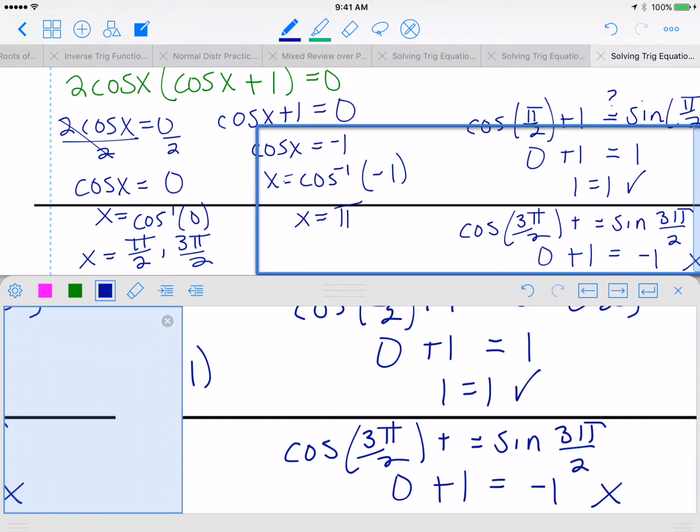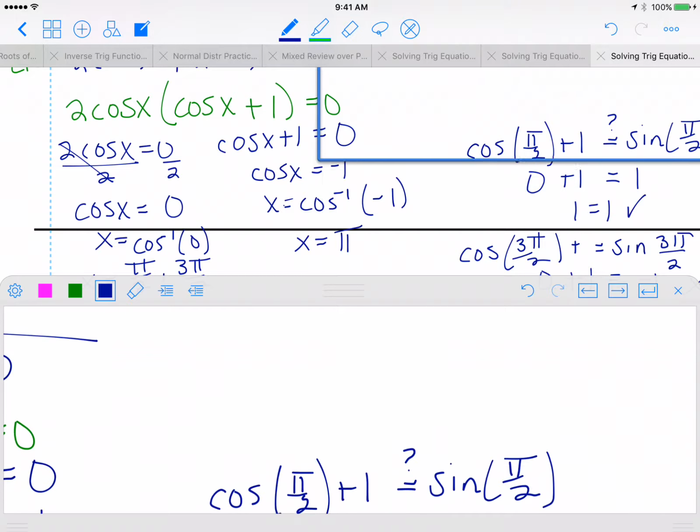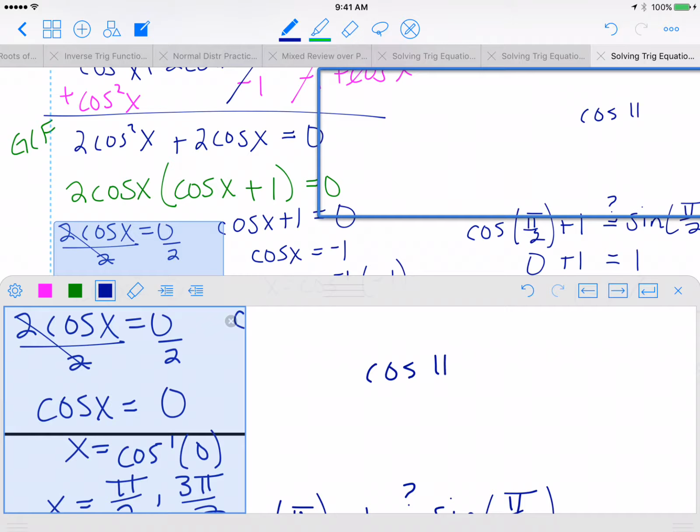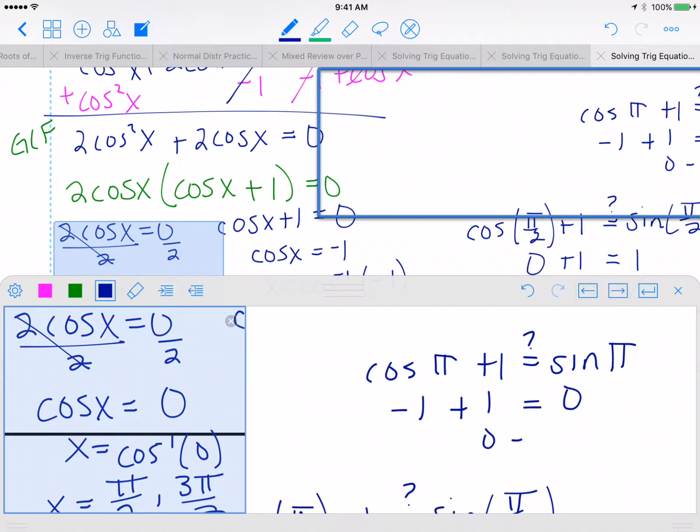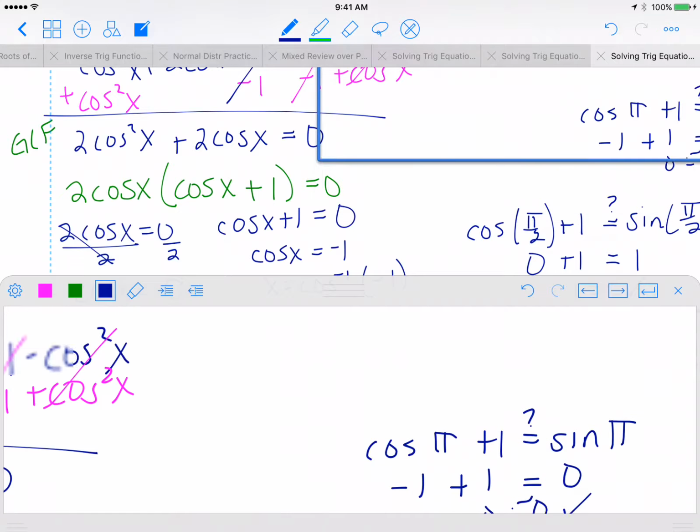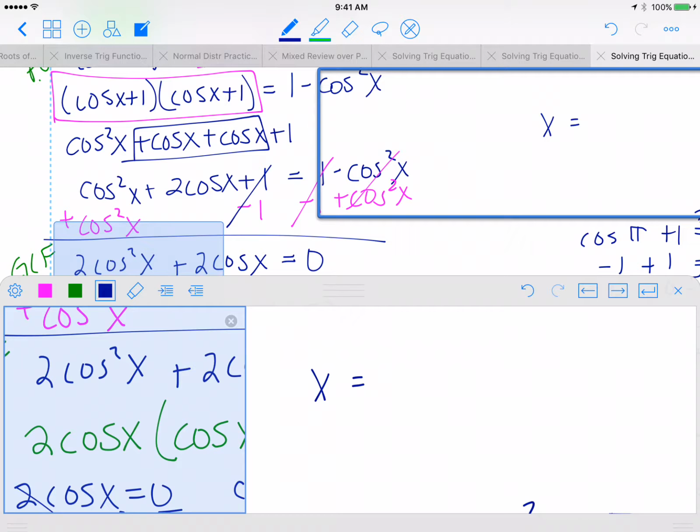And if you go back and look at cosine pi plus 1, does that equal sine pi? Well, you get negative 1 plus 1, does that equal sine of pi, which is 0? So yes, 0 equals 0. Check. So our answer for this one is x equals pi over 2. We threw out 3 pi over 2 because it was an extraneous solution, and then pi.